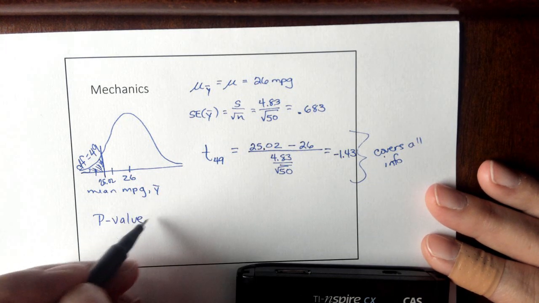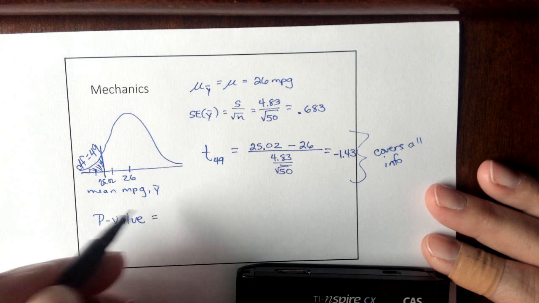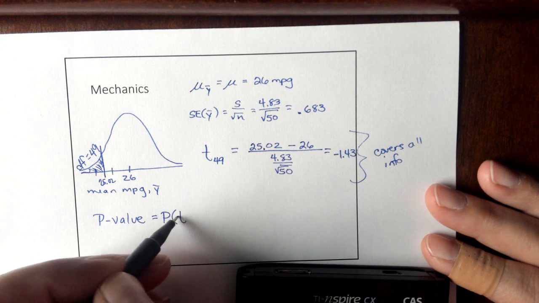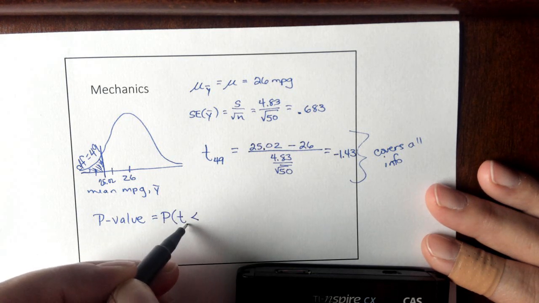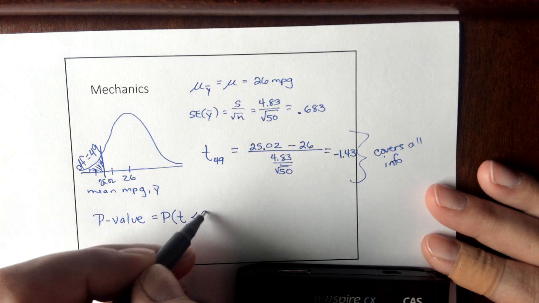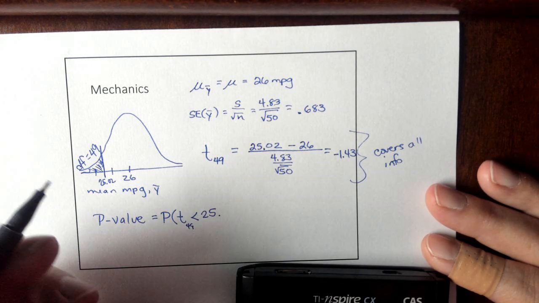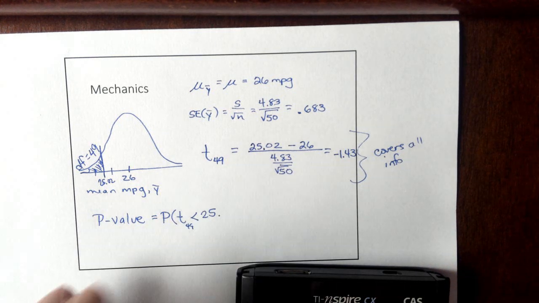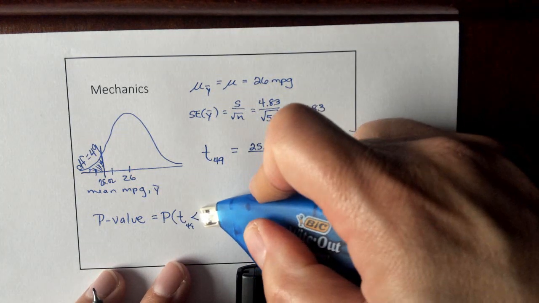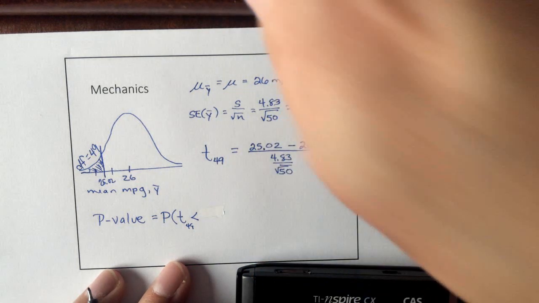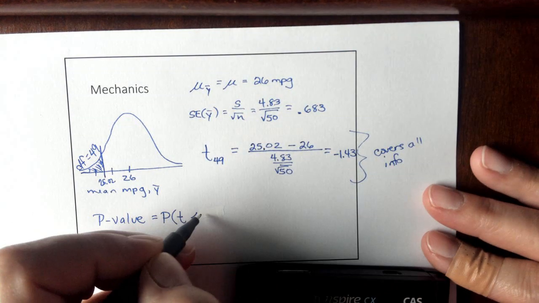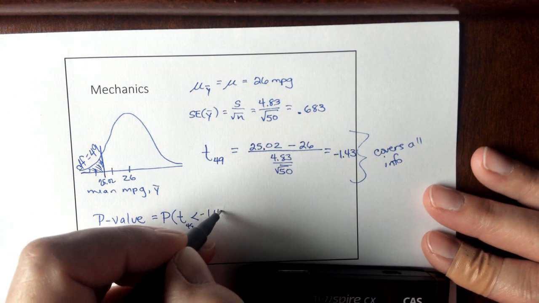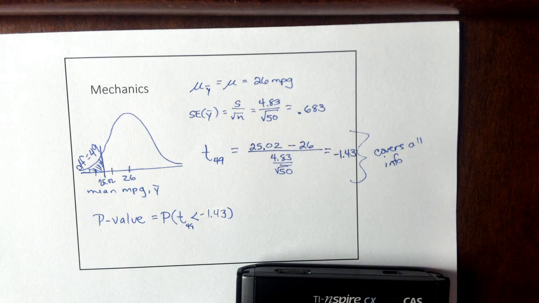And to get that area, I need the probability of a t-score less than, oh, nope, Mr. Rice, back up, that's not your t-score, that's your raw mean. Let me back up, make that better. A t-score of less than negative 1.43.